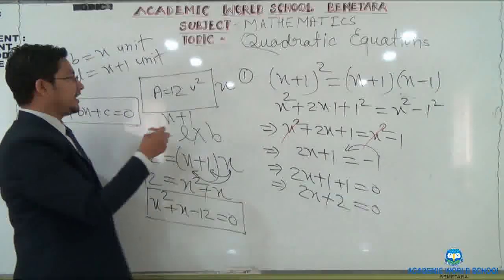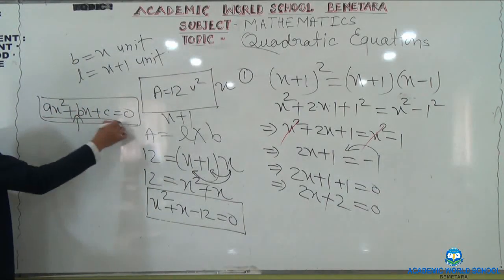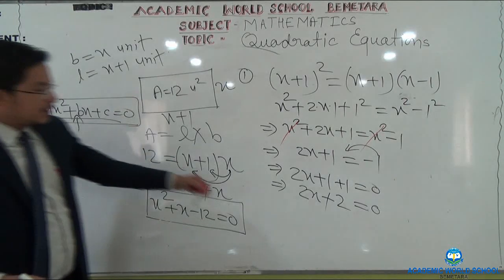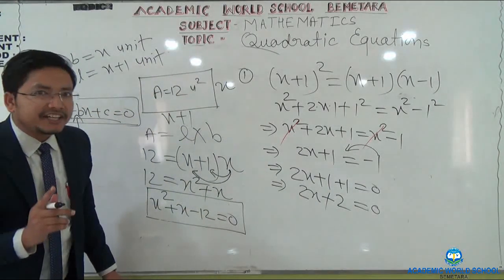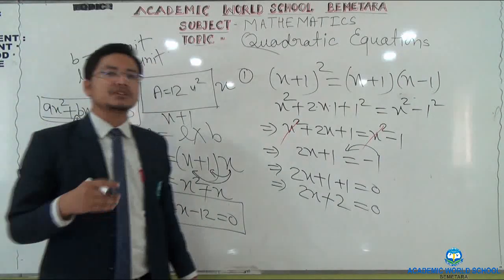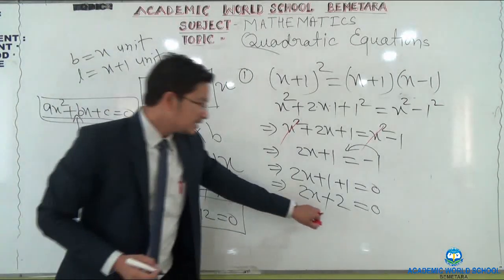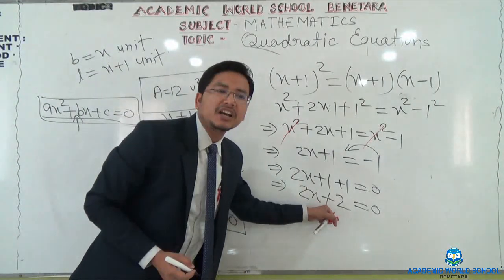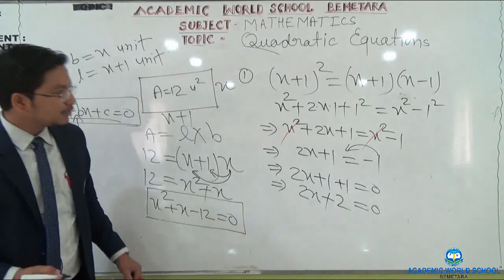Because it is not in this particular form. We must have a, because a is called the quadratic coefficient. If a is not there, it will not be a quadratic equation. Therefore this equation is a linear equation.